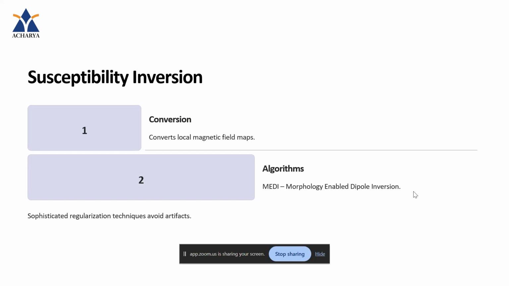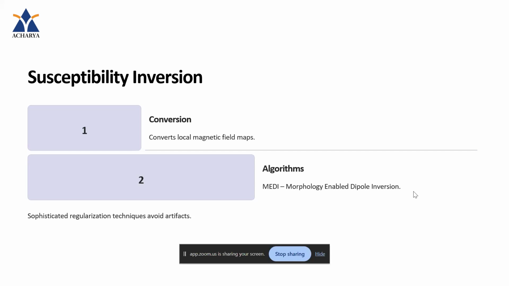The algorithm is called MEDI, that is morphology-enabled dipole inversion. By using this algorithm, it increases the accuracy of the conversion from local field maps to susceptibility maps. In this final step we convert it into the quantitative susceptibility map. So under this workflow, there are four steps.